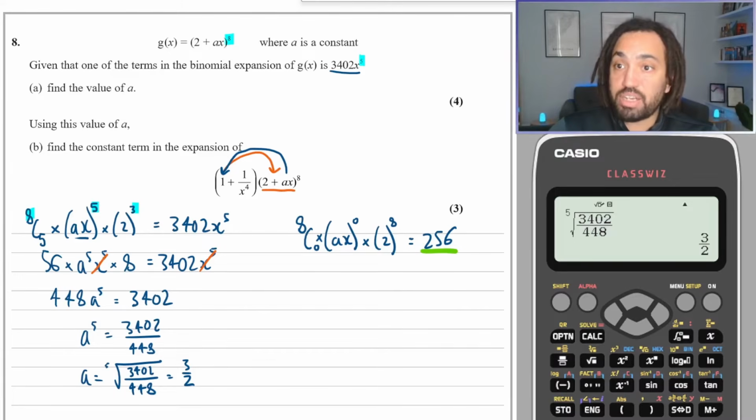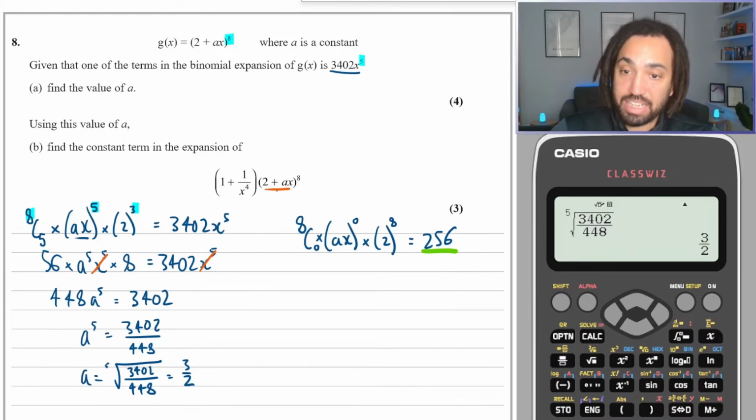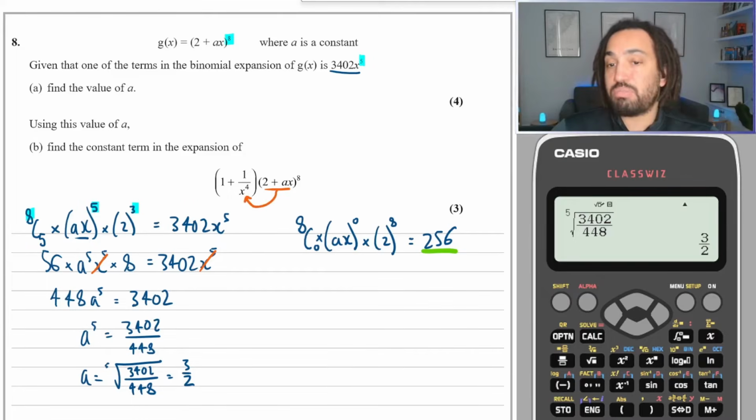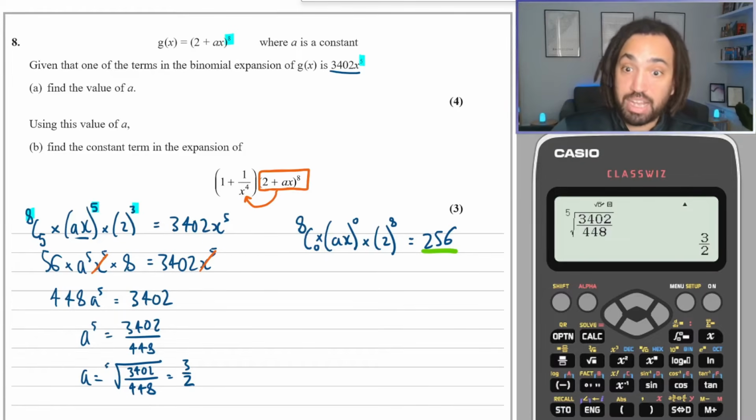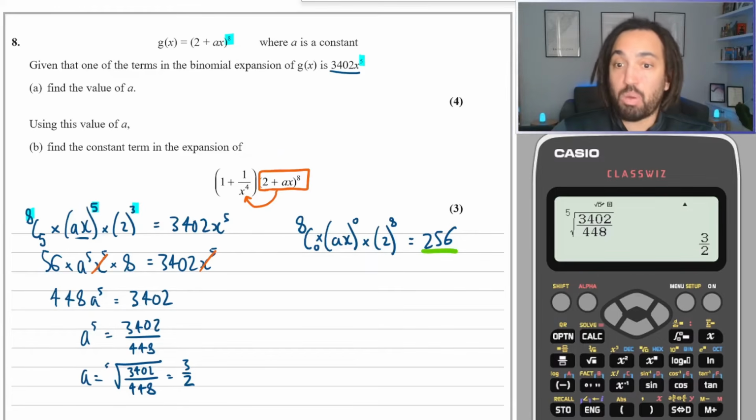But there will be another constant term that comes out, and that will be the one when we get an x to the 4 out of this bracket, and then that gets multiplied by this term, because remember, every term in our to the power 8 bracket will need to be multiplied by 1, and it will also need to be multiplied by 1 over x to the 4.